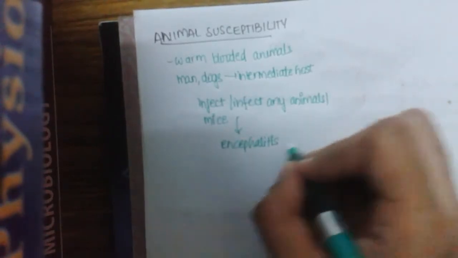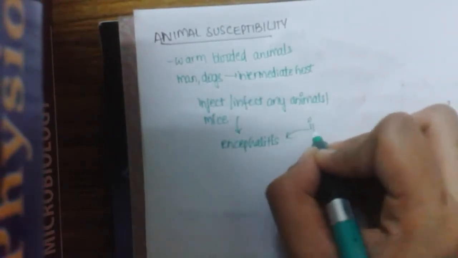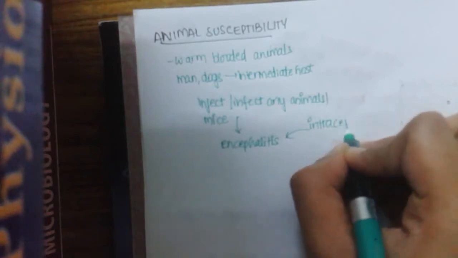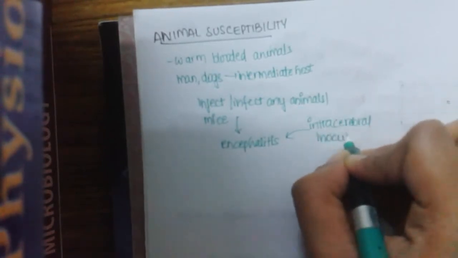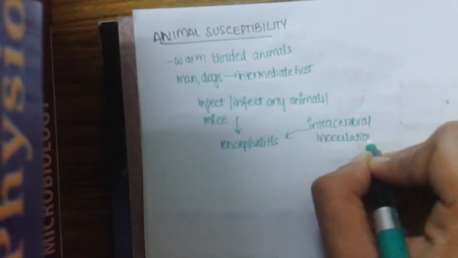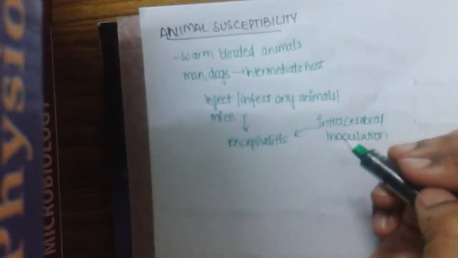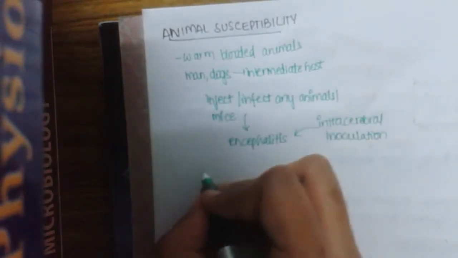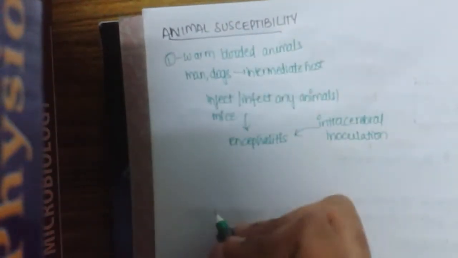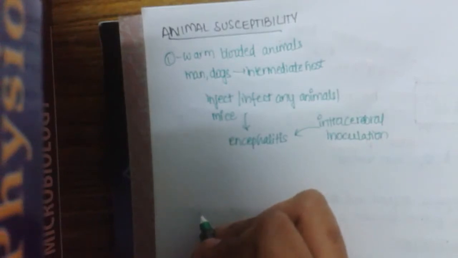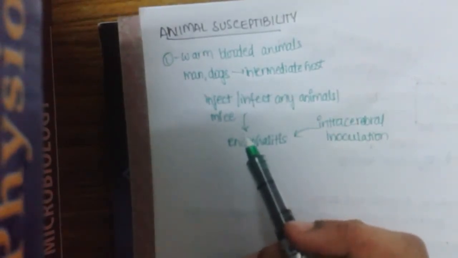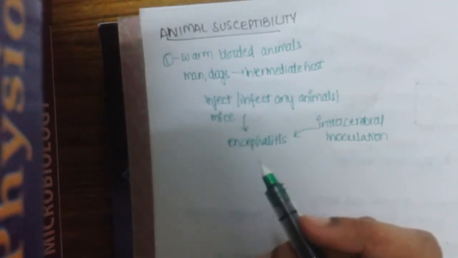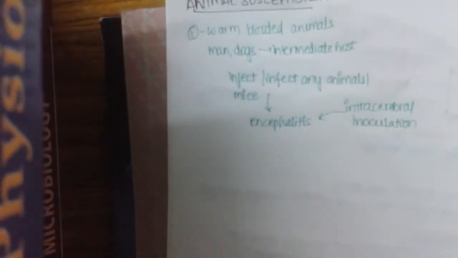This encephalitis is also caused by intracerebral inoculation. If you directly inoculate it in the intracerebral cavity, even then it causes encephalitis. So through this we can grow the virus in animal bodies and then find it. And there are other ways of culture too.